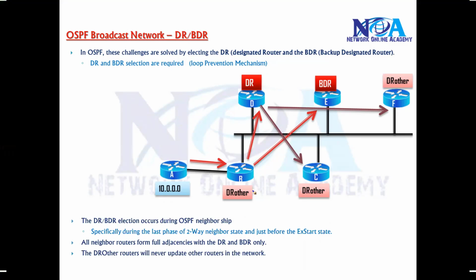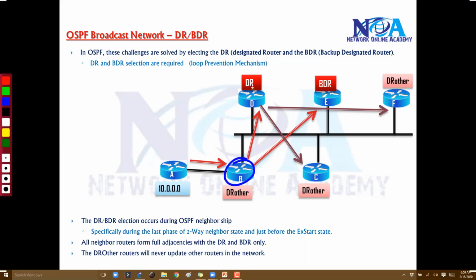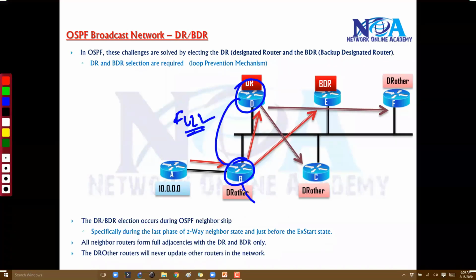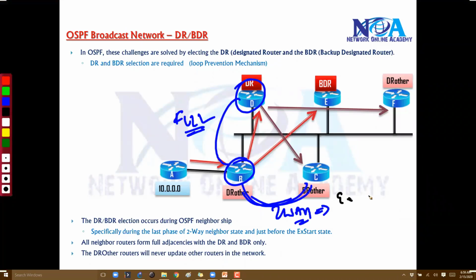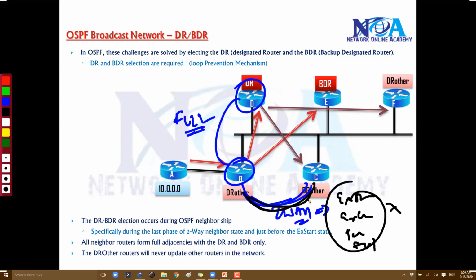So the DR others and the DR will form full adjacencies, all 7 stages. Whereas DR others with each other will only go up to the two-way stage, meaning they don't exchange. There is no exstart, exchange, loading or full stage between these two routers, because the exchange only happens via the DR.